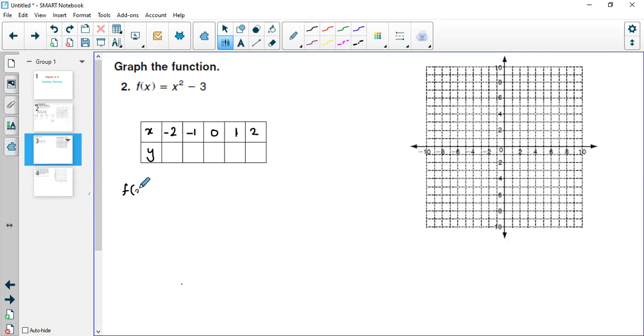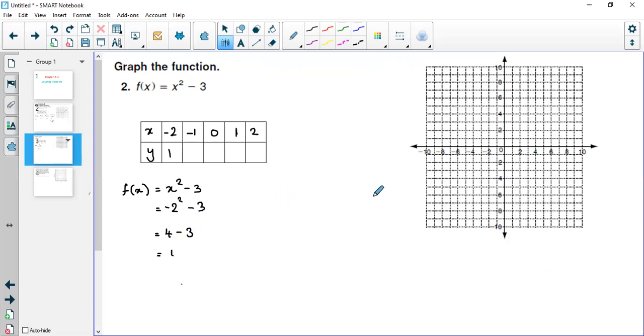That's the value of y when x squared minus 3. So it's going to be negative 2 squared minus 3, which means we are going to solve the exponent first. So negative 2 squared means negative 2 multiplied by negative 2, which would give you a positive 4, minus 3, which will give you 1.